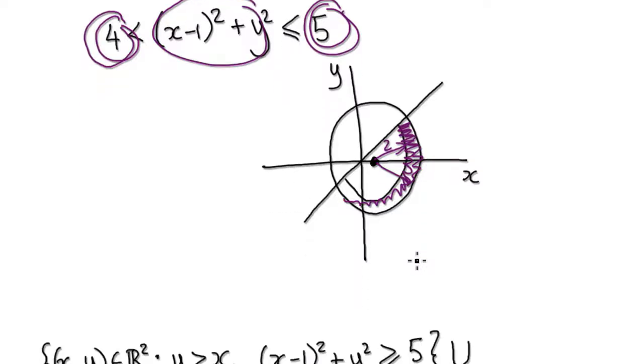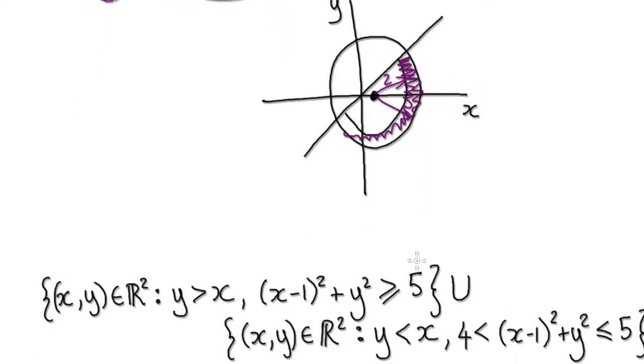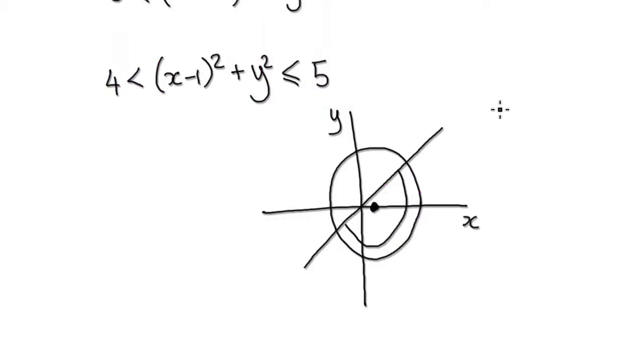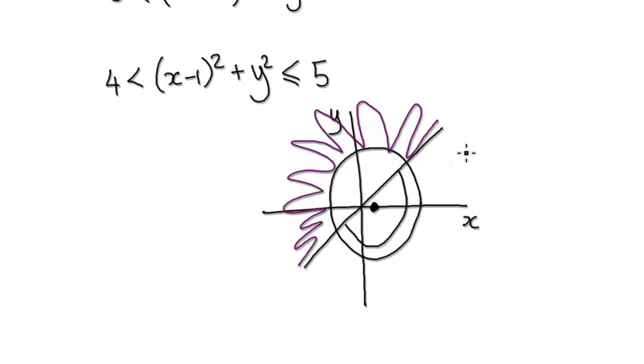So our domain, hang on. So our domain is actually everything out here, and in the region where y is less than x, our domain is inside here. So now we need to put this into writing.